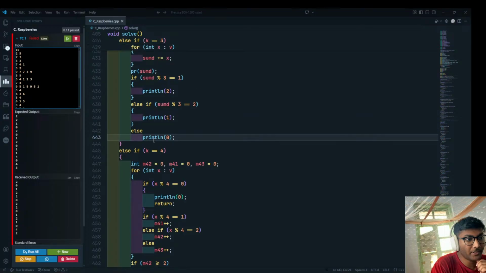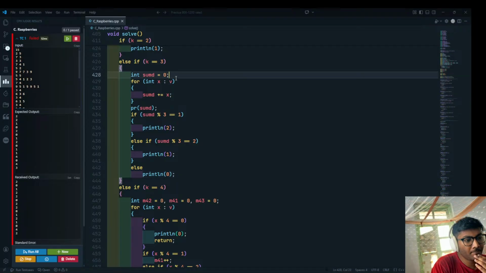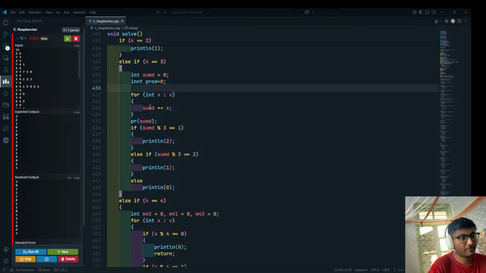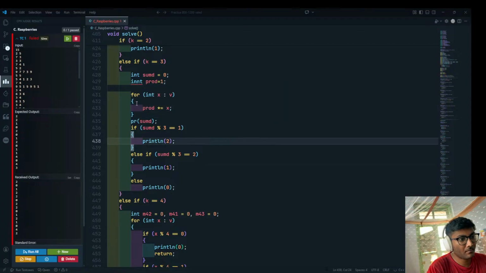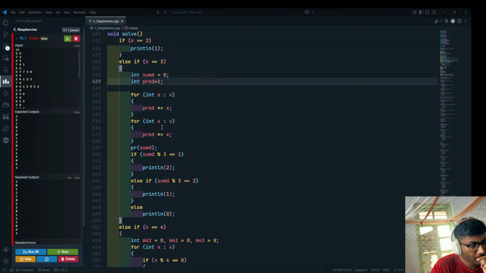Yeah, not just the sum of digits. Okay, okay. Product equal to 0. Okay.